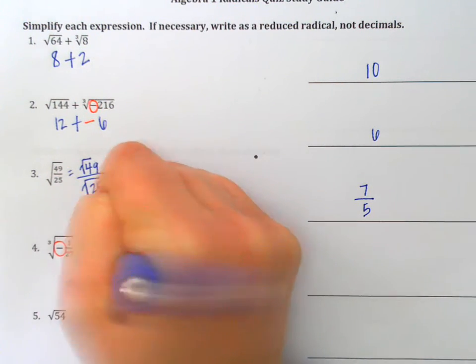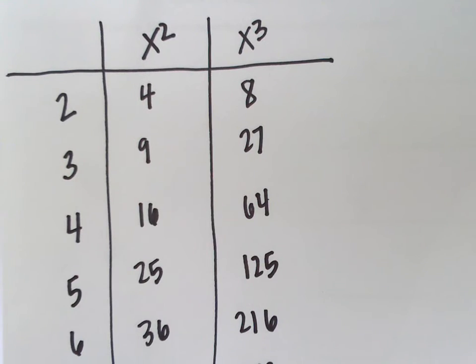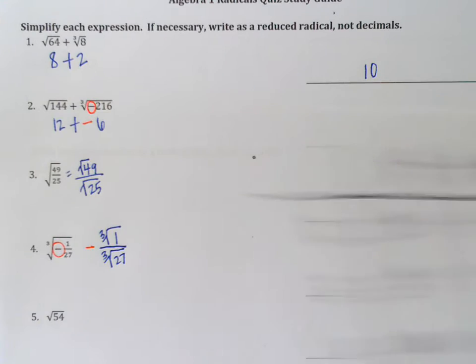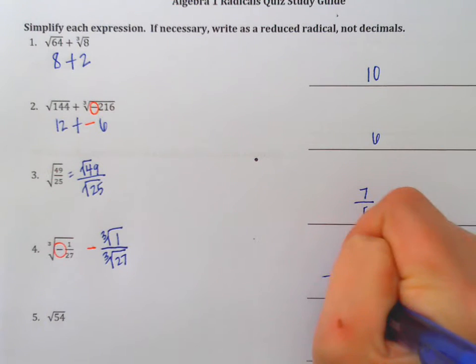What's the cube root of 27? Well, the cube root of 1 is 1. 1 times 1 times 1 is 1. And the cube root of 27, we can look at our list. Cube root of 27 is 3. So my final answer here would be negative 1/3.